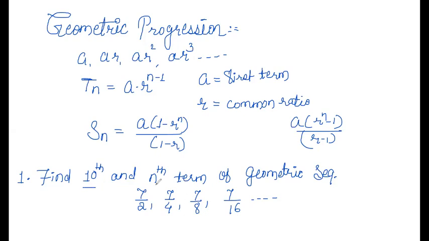We have to find out 10th as well as nth term, and the geometric sequence is given, 7 by 2, 7 by 4, 7 by 8, 7 by 16 and so on. Now in this series, what is the first term? A is equal to 7 by 2.